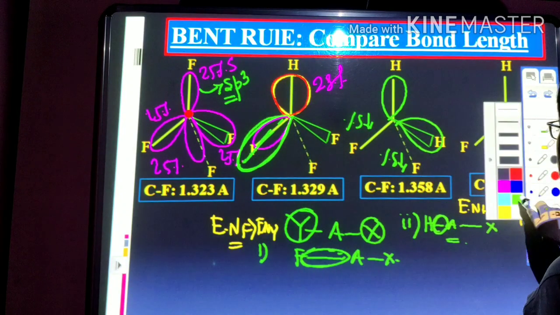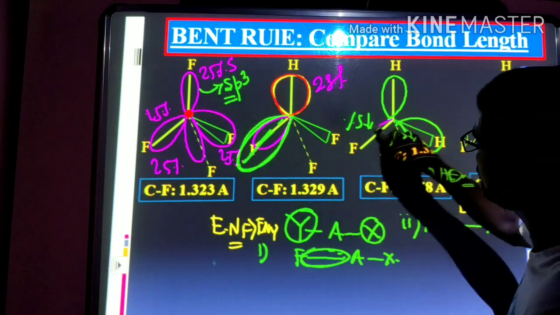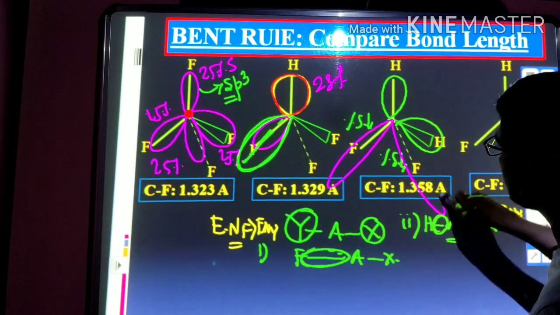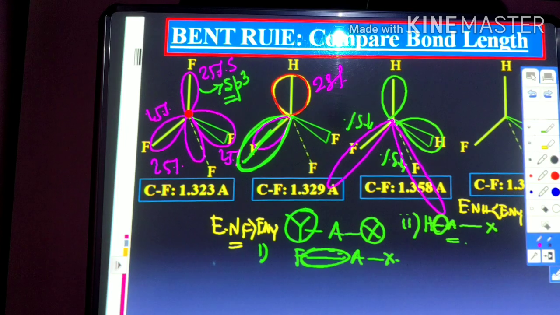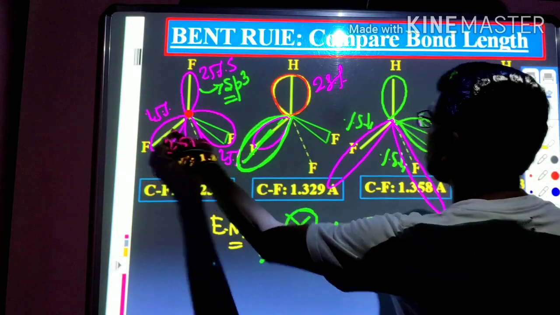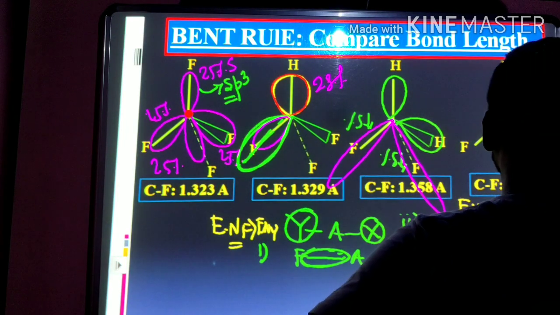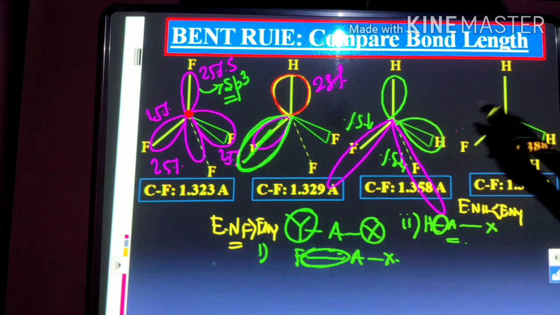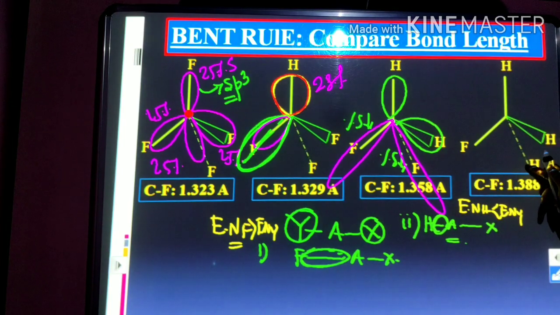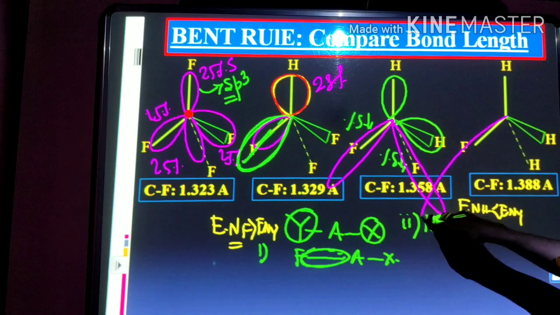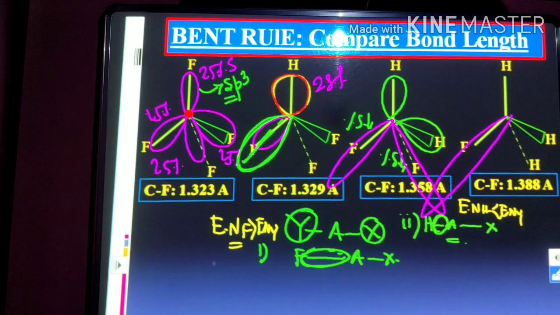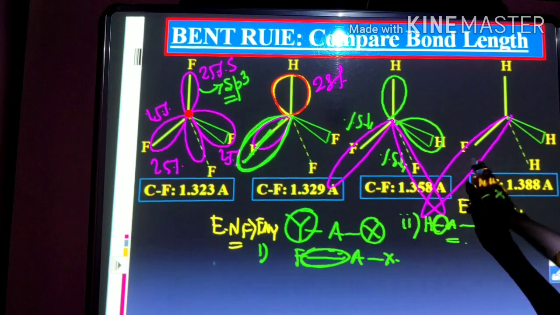This orbital now will look like this, longer and thinner compared to this one. In this case again the percentage of S character here increased, so here the percentage of S character decreases and bond length will increase. Did you get my point?